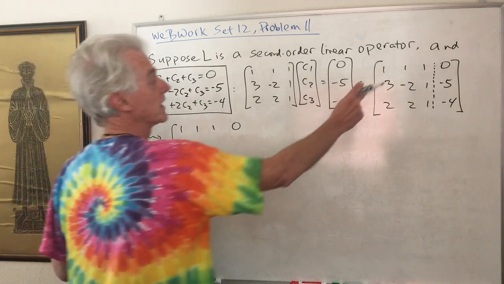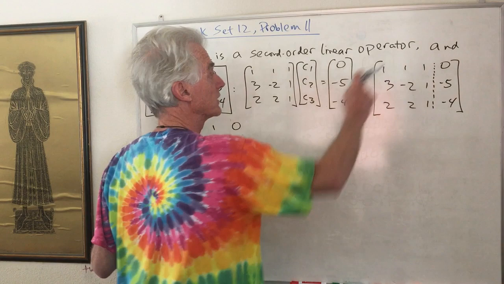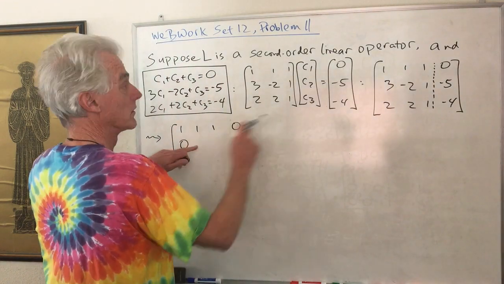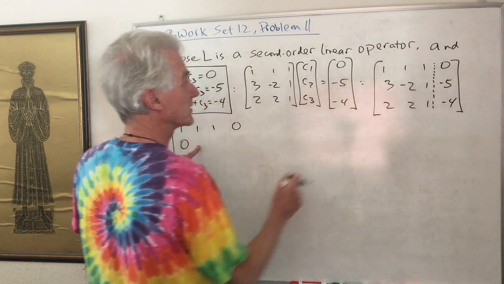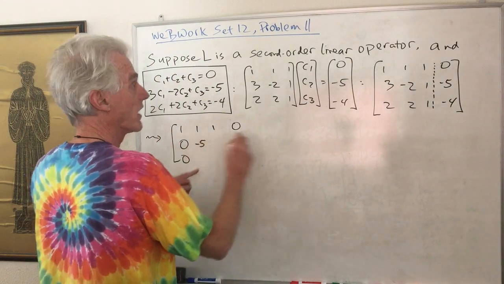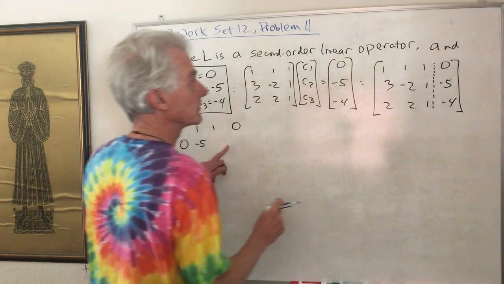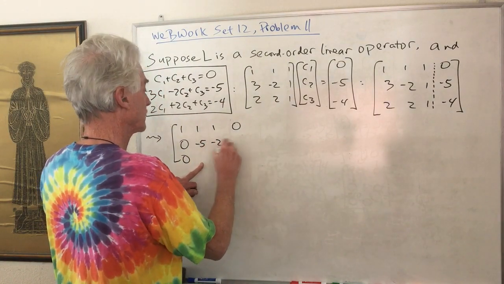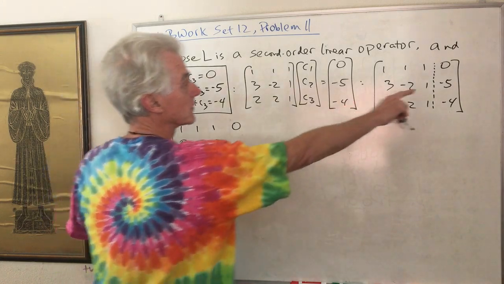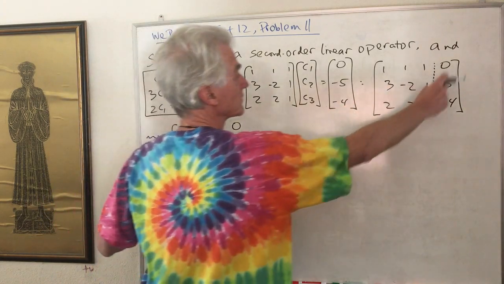And I do that by taking that row minus 3 times that one. So that row, 3 minus 3 is 0, and I get minus 2 minus 3 times 1 is minus 5. 1 minus 3 times 1 is 1 minus 3, or negative 2. And then I get minus 5 minus 3 times 0.